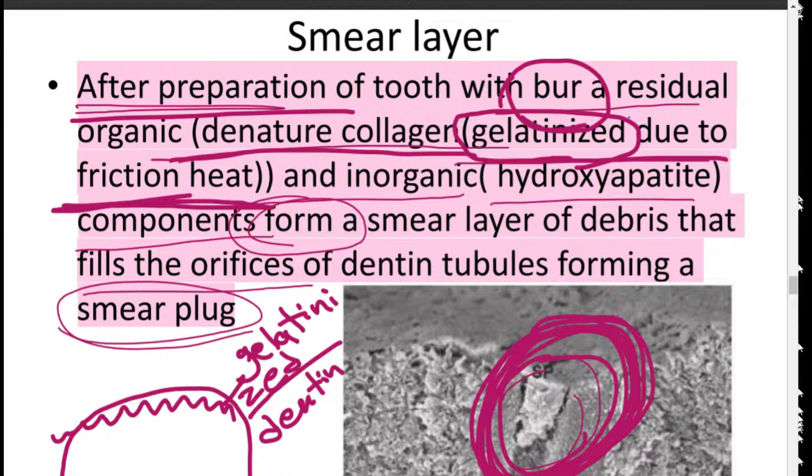Due to the preparation of tooth with a bur, the residual organic denatured collagen gelatinizes due to friction and heat.